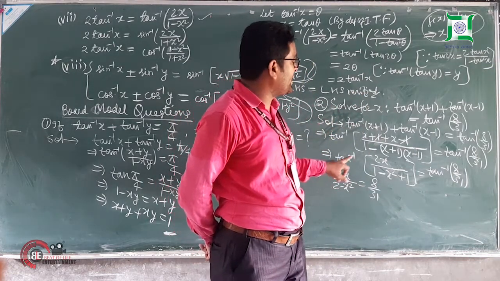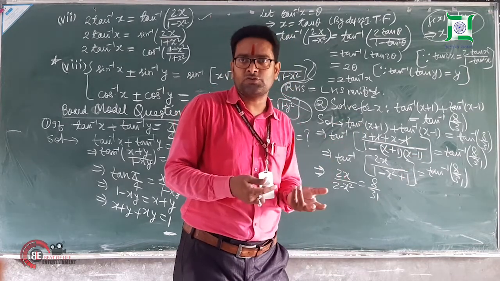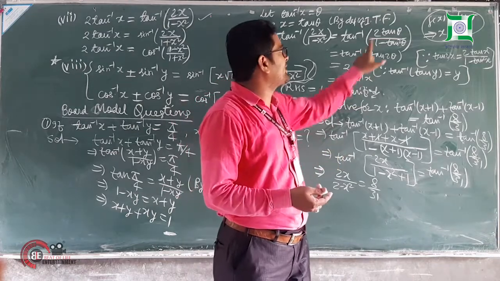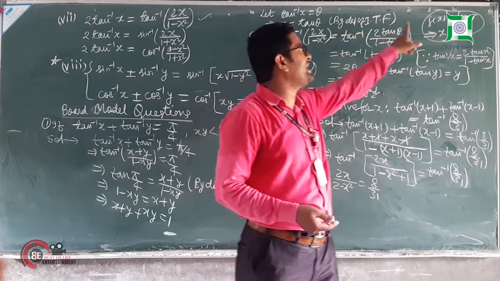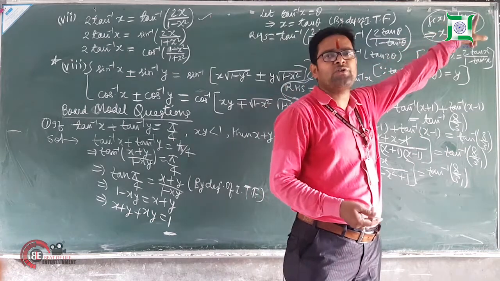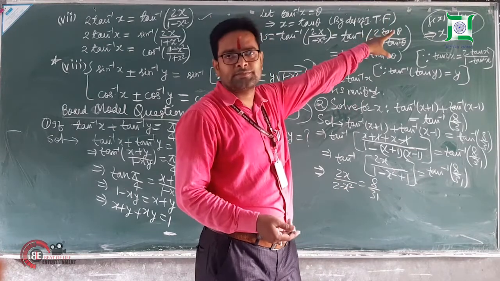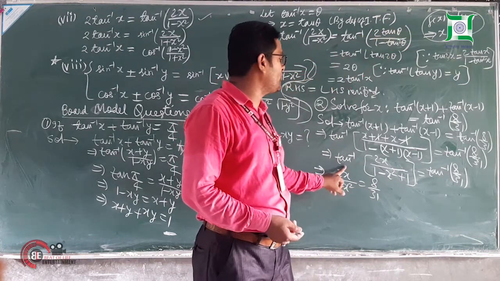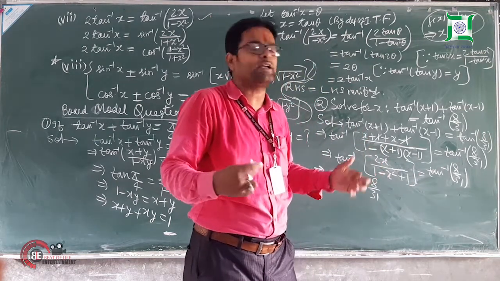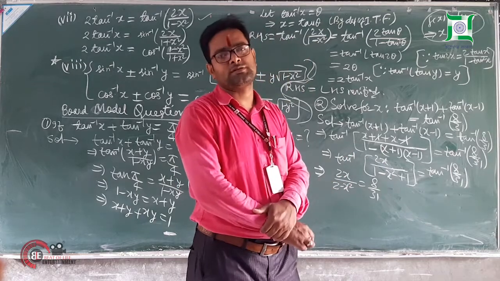So tan inverse and tan inverse, how are they removed? Since they are functions, inverse functions are also functions. So in the case of a function, if the function is 1, 1 and f of x is equal to f of y, then we can write x is equal to y. So due to that rule, as the function is 1, 1, we can remove inverse functions from both sides and we can directly equate the variables.